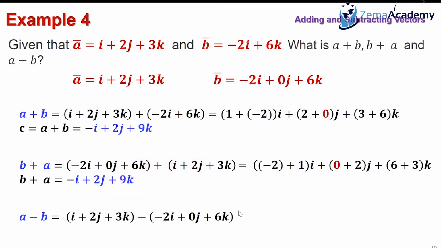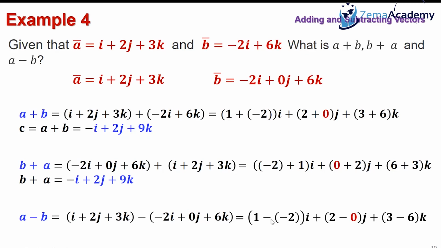Now a minus b, similar to a plus b, you will take the two vectors and subtract, taking into account the magnitude of individual directional components as you did in your addition case. So for example, over here, 1 minus, this minus 2 will not lose its minus sign, but it will retain its minus sign.